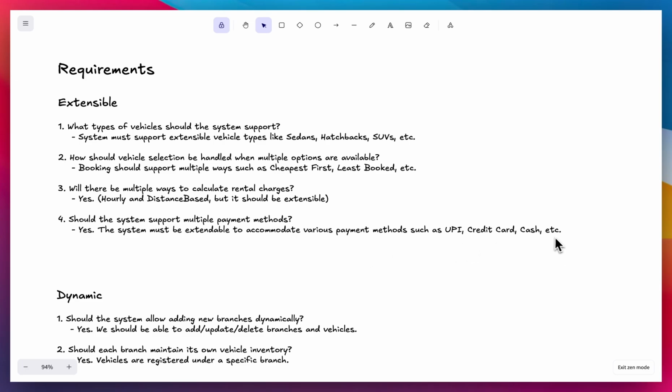Like in future, I can add more payment methods as well. I hope you have understood all the 4 points in the extensible category. Now you can add more points for learning purposes, but in the interview, I recommend you keep fewer requirements so that you can complete the round in time.